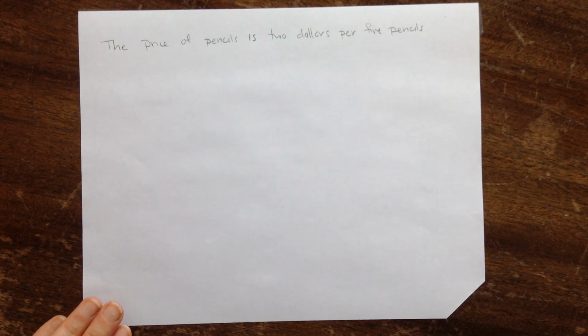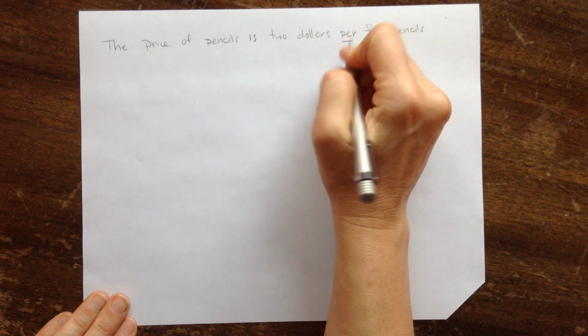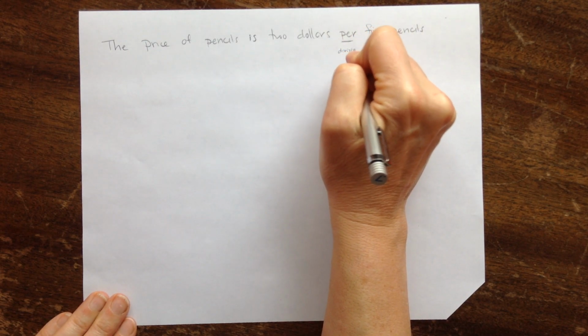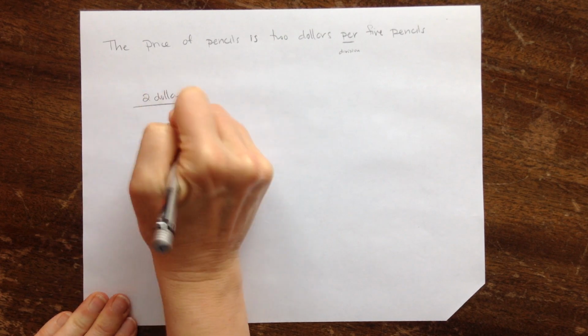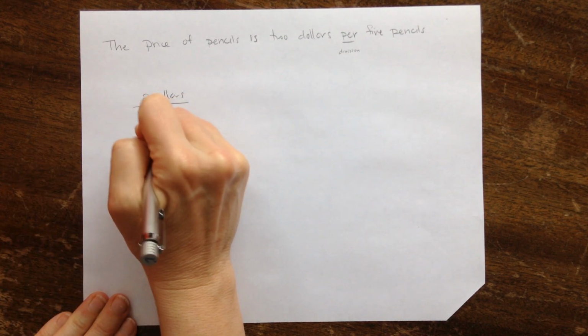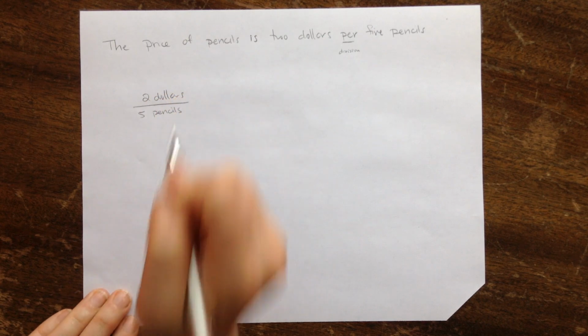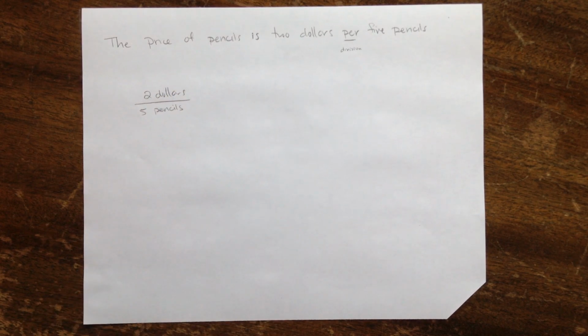In a similar way, the word per is division. So we have $2 per 5 pencils. And this is not tremendously informative.